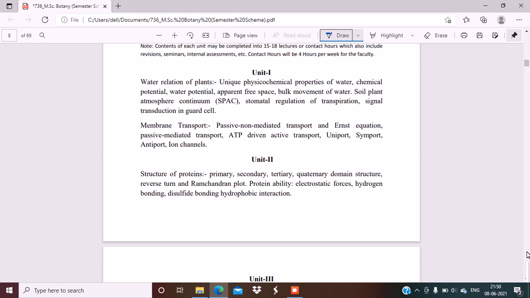I'll guide you for this also. Next is protein stability: electrostatic forces, hydrogen bonding, disulfide bonding, hydrophobic interaction. So I told you the names of 3-4 books of physiology, and you will get all the topics in these books.